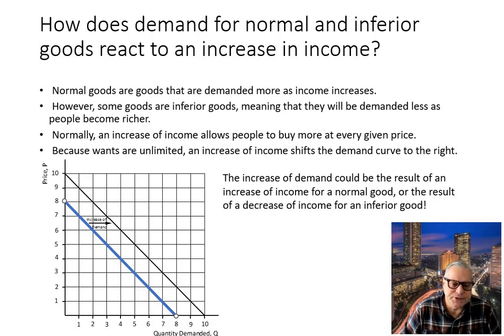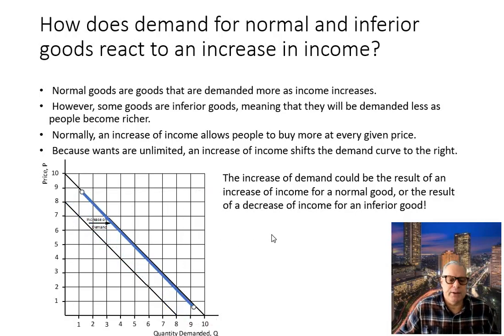The quantity demanded at the price of 6 is currently 2. Well, if you become richer and you have a higher income, even if the price at the fancy restaurant stays 6, you will now demand maybe 4 because you have a higher income.